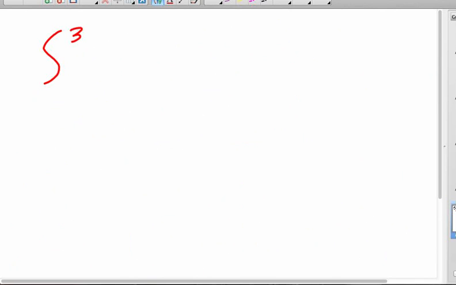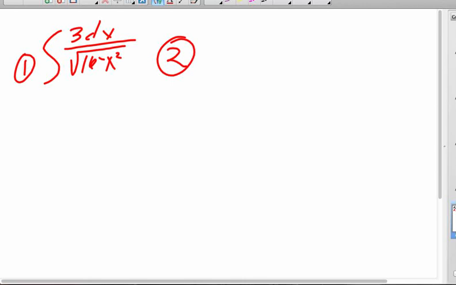Integral of 3 dx. But now this is going to be over square root of 16 minus x squared. There's problem number one. Here's problem number two. And it's going to be 3x dx, the integral.